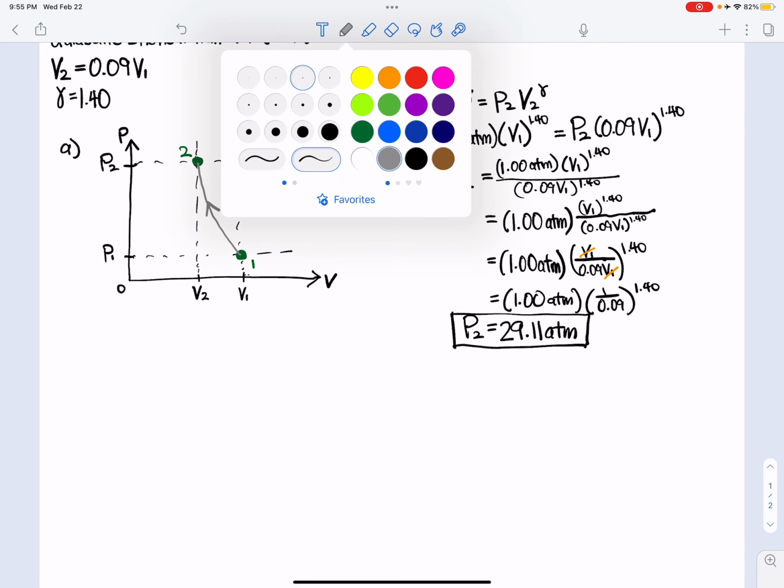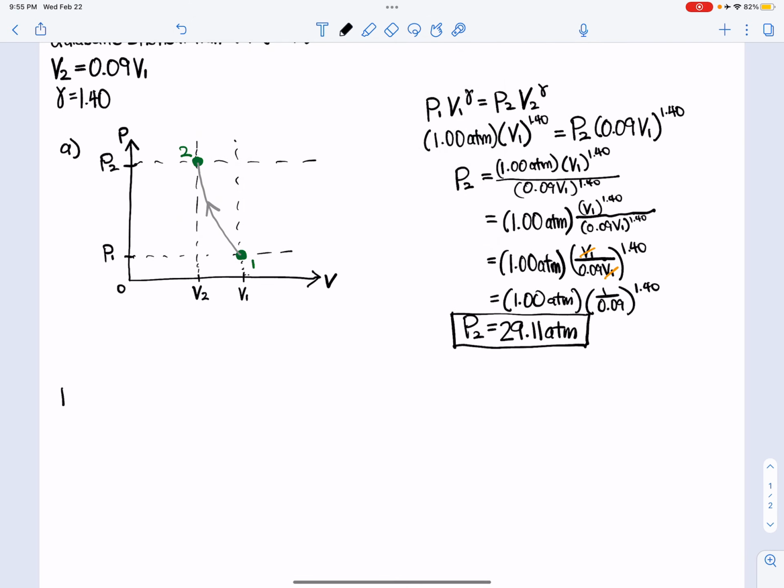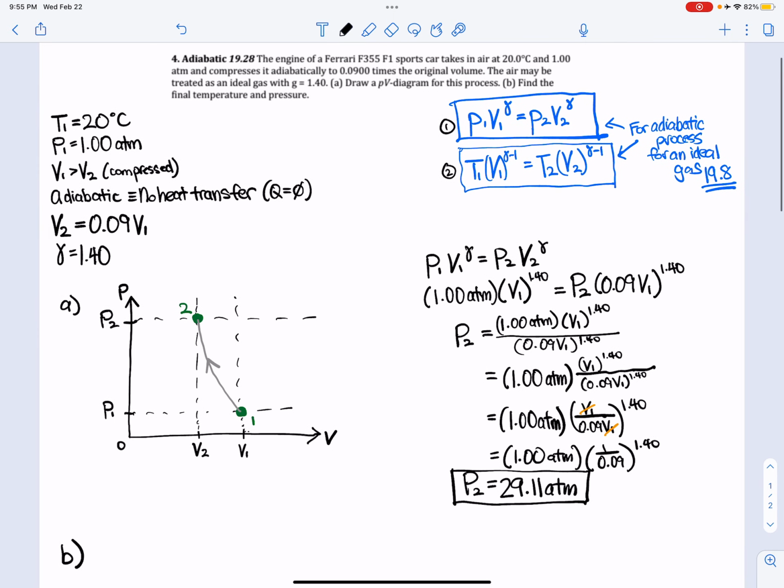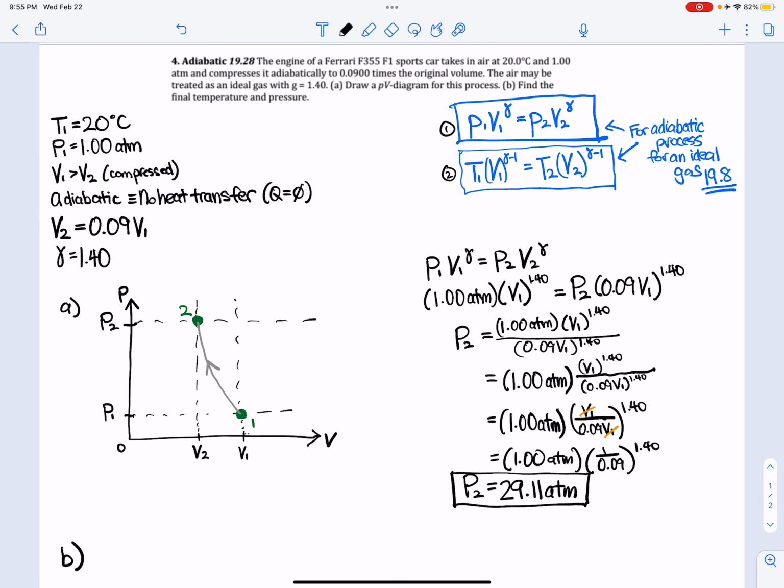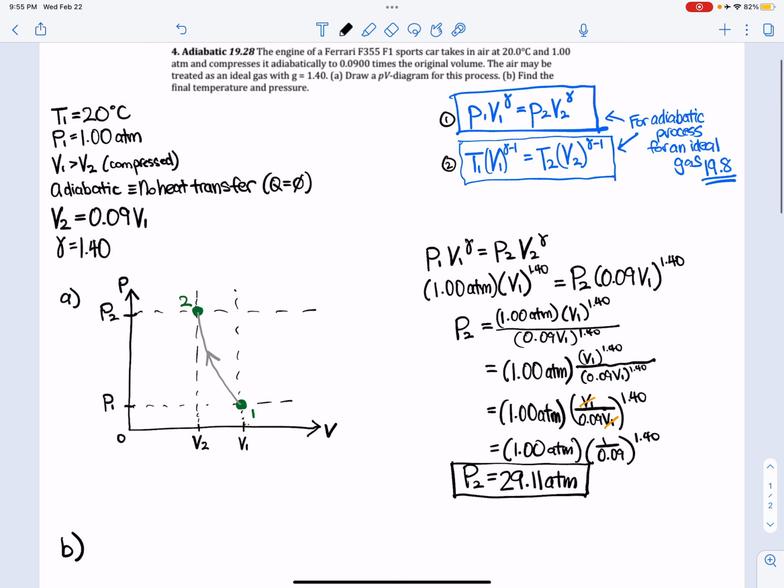Okay, now part B. Part B, find the final temperature and final pressure. Oh, okay. Well, we already found the final pressure here in part A, right? That's this value right here, we know it's 29.11 ATM.